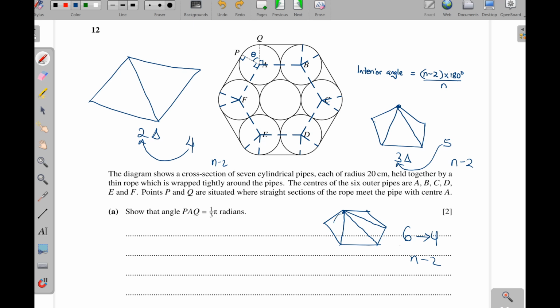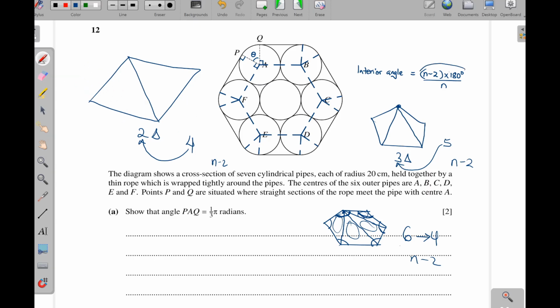So if this one is 180, 180, 180, 180, then you will get the sum of the interior angles. But for a regular polygon, all the angles are equal. So this one is equal to that, is equal to that. So because of that, we divide by how many they are.